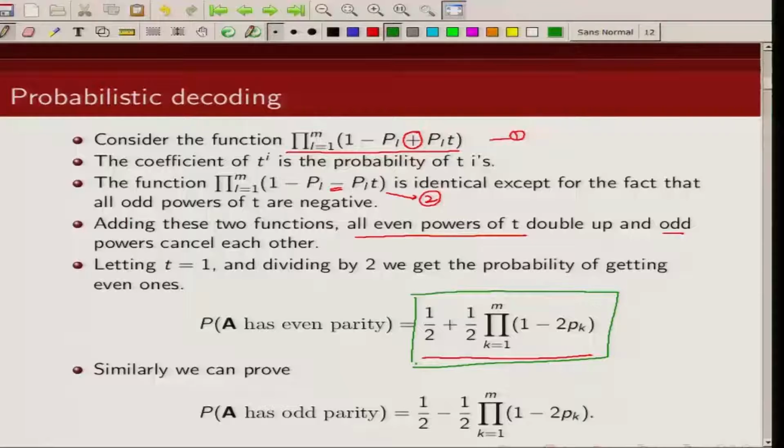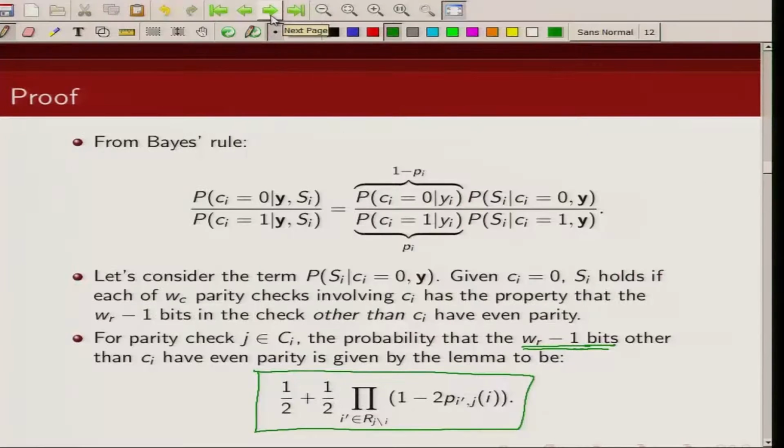So, probability that WR minus 1 bits have even parity, so half plus half. Now pay close attention to this, this 1 minus 2 pk. Now what are the bits that we are considering? Now what will Rj tell us?